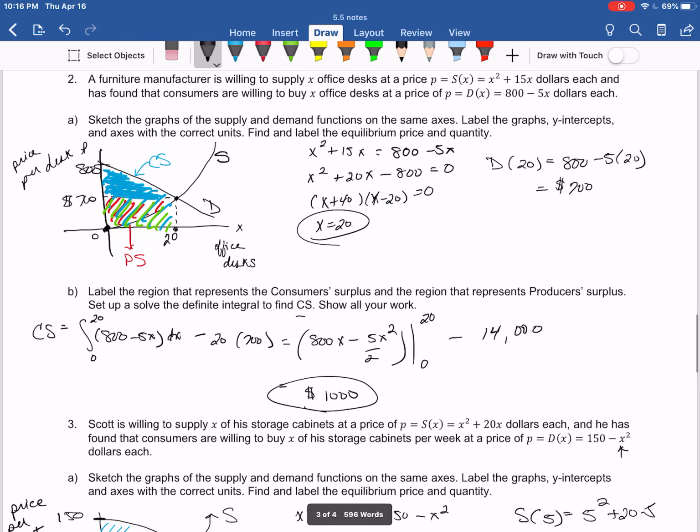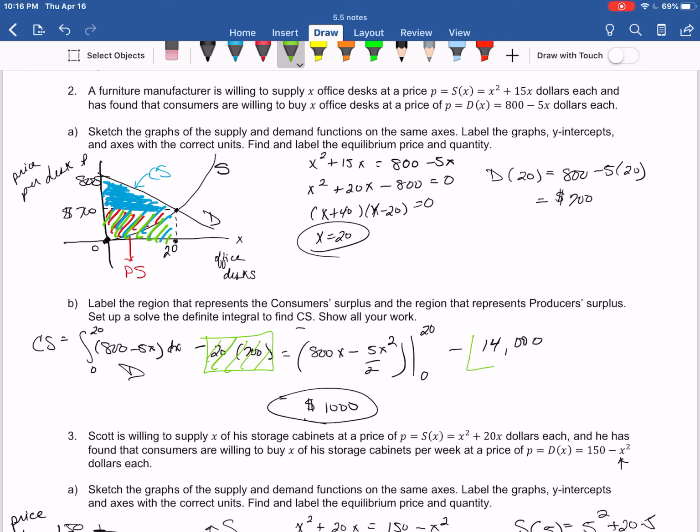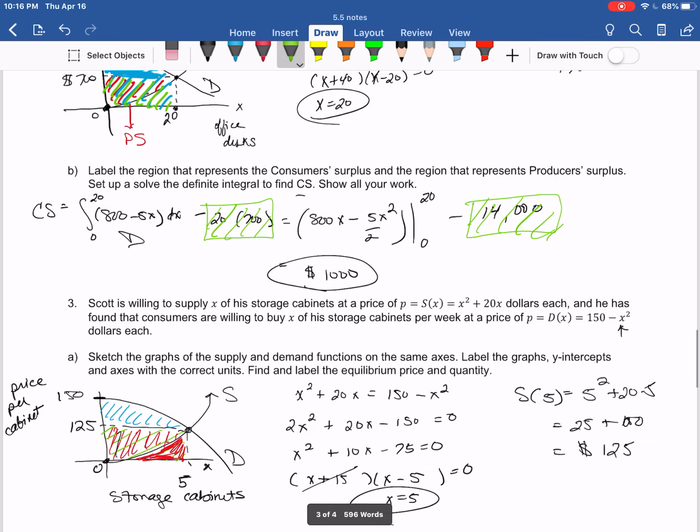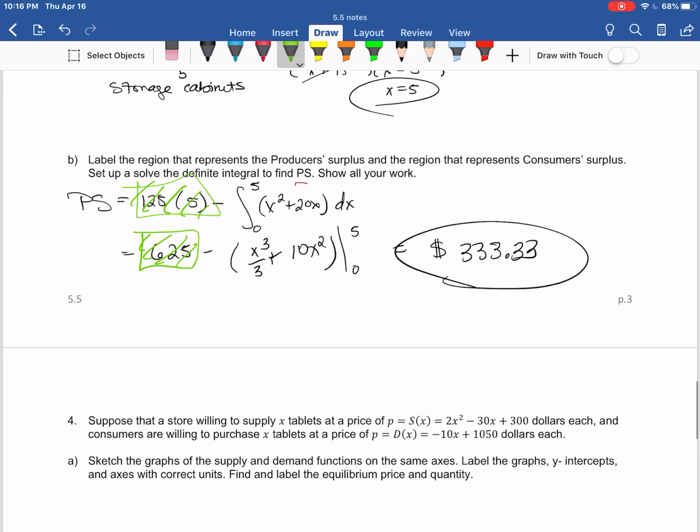So back up here for consumers, we did the integral first, which is the demand function. And then the area of the rectangle comes after. So there's my area rectangle. So either learn why they're in that order or memorize it, or if you're starting a note card for your next test, put that on the note card.